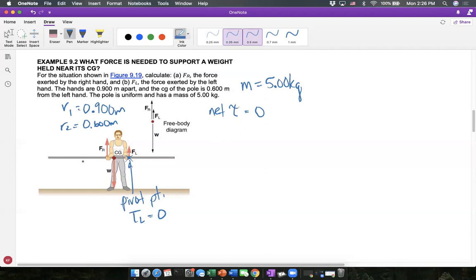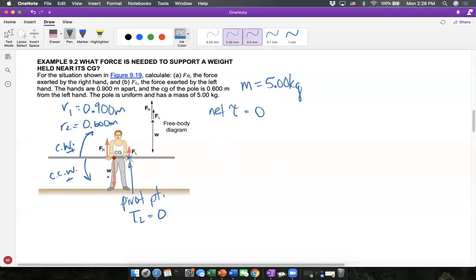So we're going to say that clockwise is the positive direction, and that our counterclockwise direction is going to be negative.